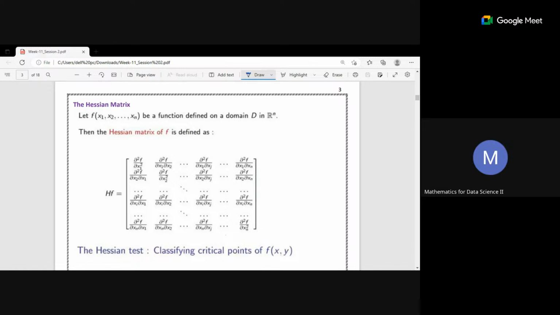In linear algebra, when you study advanced linear algebra, there is this concept of positive definite matrix, non-negative definite matrix. Such concepts are there when you go to higher linear algebra. For symmetric matrices only, this concept is used, and using that concept only this theory is developed. I will give you the link at the end of the session.